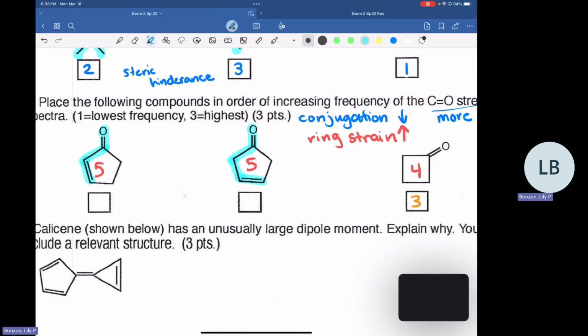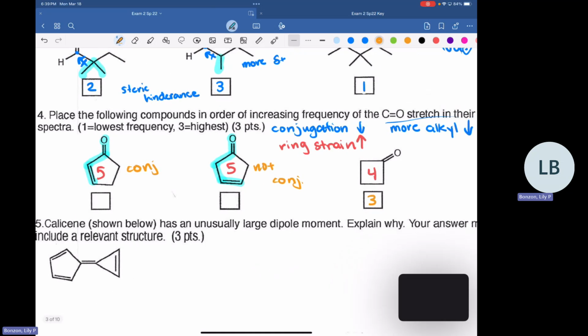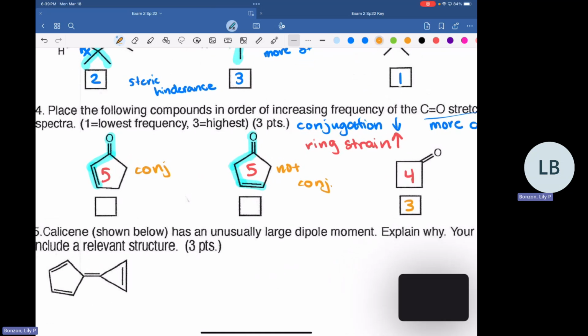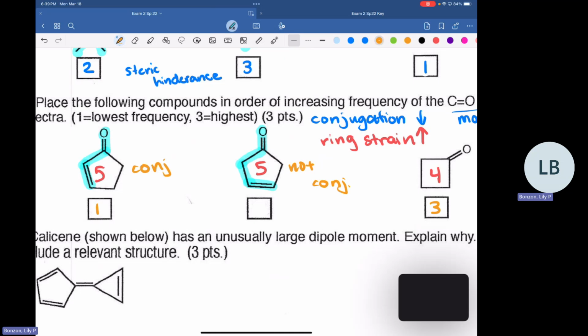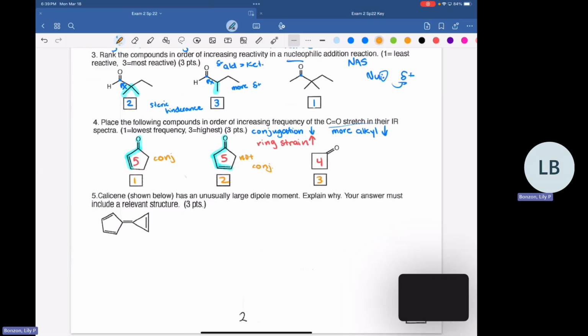We have the double bond and then single, single, double. So this one is not conjugated, whereas the one on the left is conjugated. And so conjugation lowers frequency. So the one on the left is going to be the lowest frequency. The one in the middle is going to be in the middle. Any questions on that one?